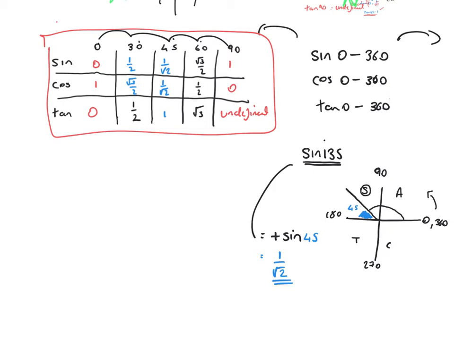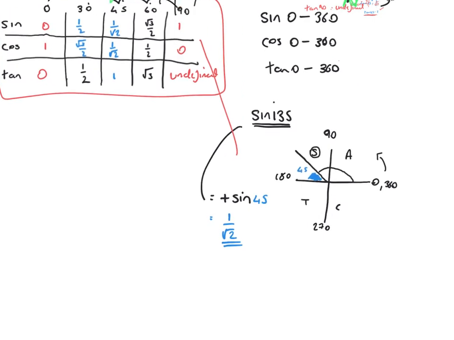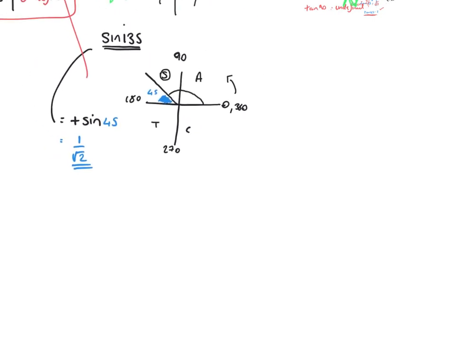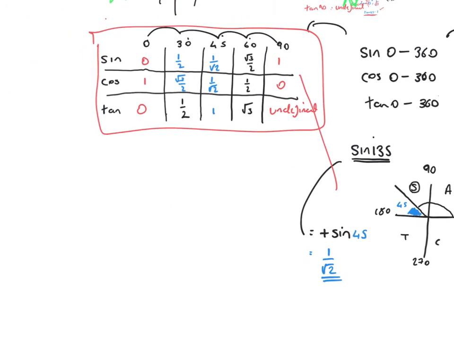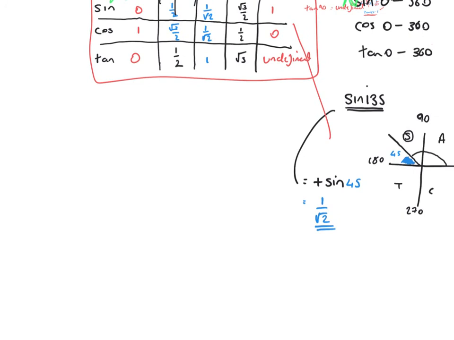Okay, let's try a second example then. Let's bring the table back into view. Okay, so let's this time go for cos 225 degrees.